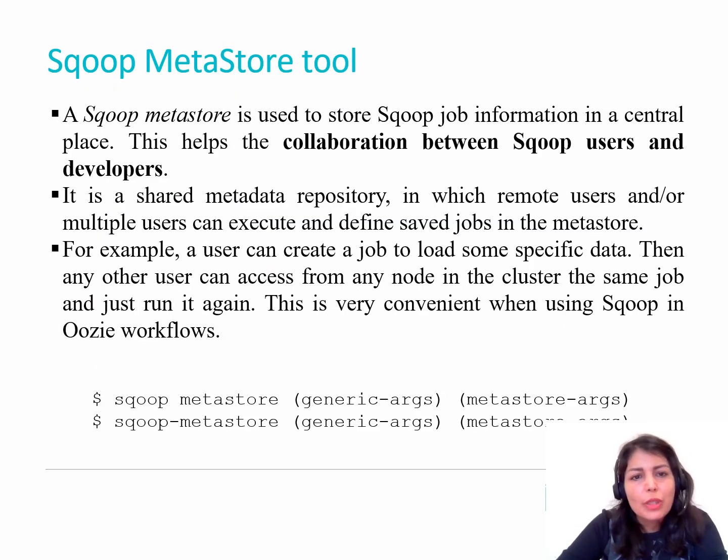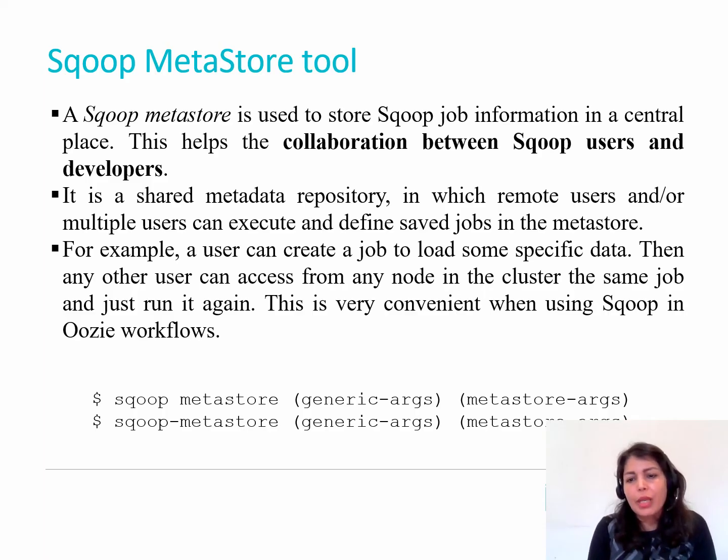I want to explain one of the important Sqoop components, which is called the Sqoop metastore. A Sqoop metastore provides a shared metastore repository for users and developers to use for collaboration between ourselves. What is happening is that the metastore stores Sqoop job information in this place, and everyone from each node in the cluster can access this place.